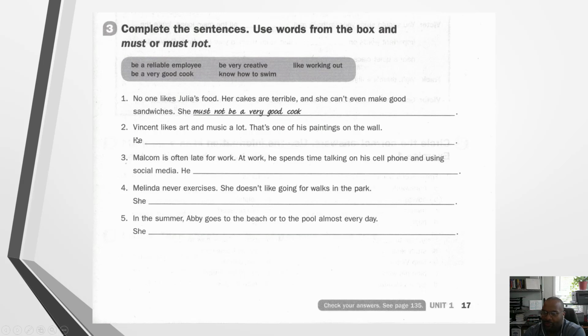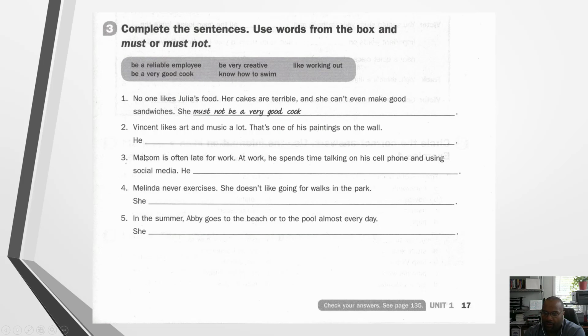Number 2. Hopefully you'll take some time to complete 2 through 5. I'm going to share with you what I have, and then hopefully we'll match up. Number 2, Vincent likes art and music a lot. That's one of his paintings on the wall. So that's the information that we know. My logical conclusion was, he must be very creative.